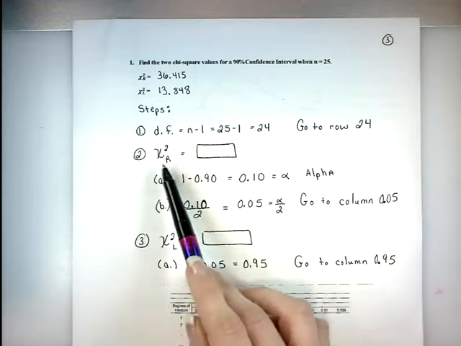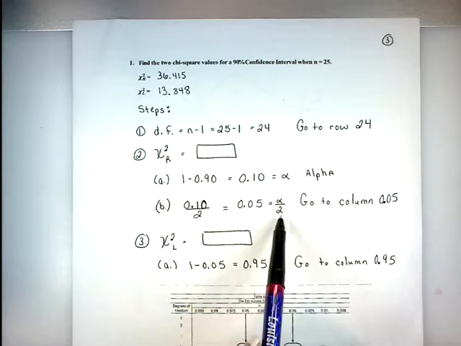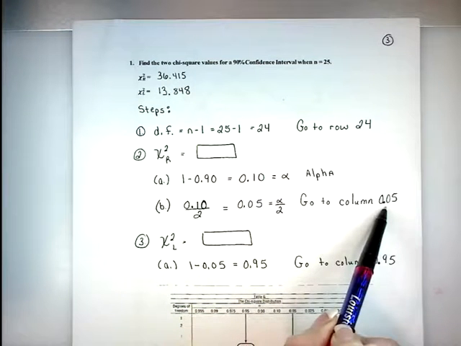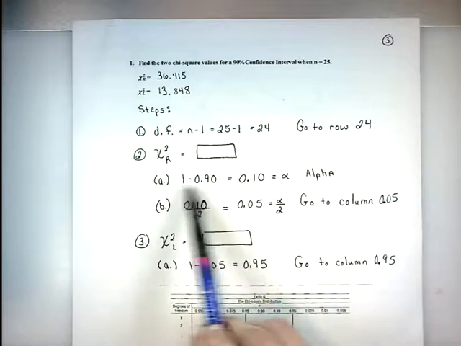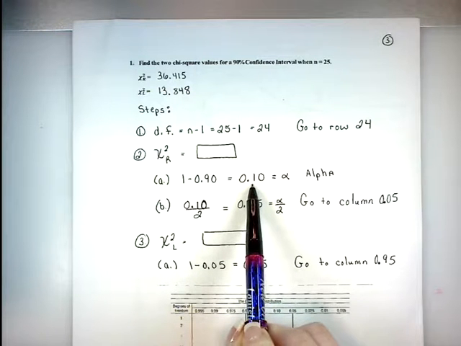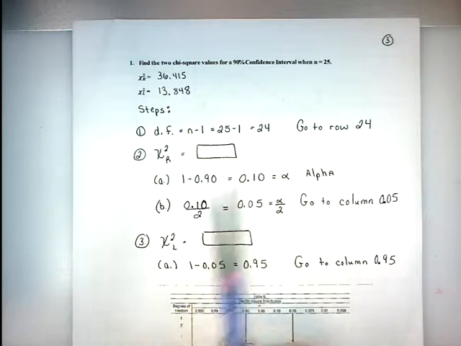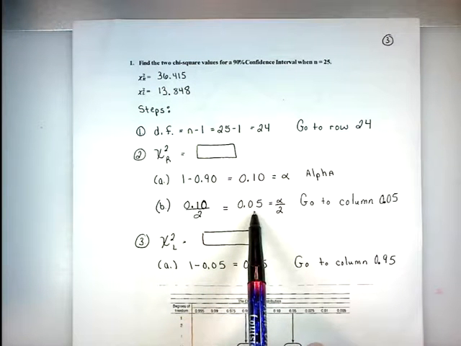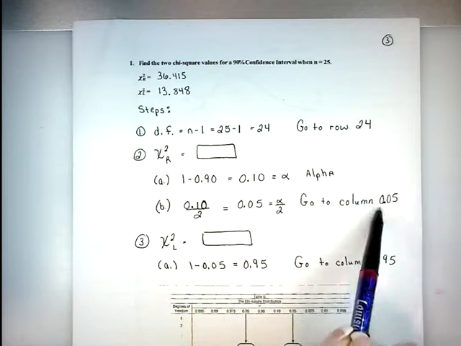So for chi-square from the right, you will go to the column that says 5%. So 1 minus degree of confidence is the area that's in the two tails together. That area divided by 2 is the area in each tail separately. And then that's the column you go to for chi-square from the right.